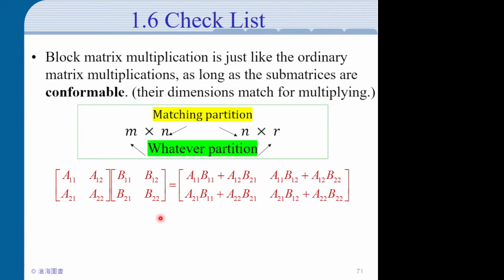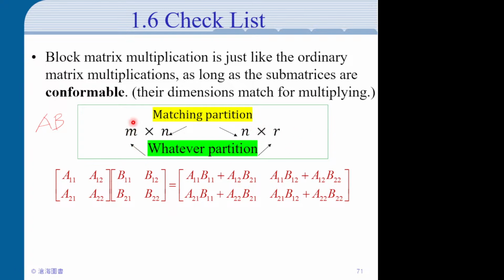So we should go to chapter 2, with only 30 minutes left. Anyway, here is the review. As we said, we are basically just partitioning A and B. We are thinking about A times B, where A has n by n dimension and B has n by r dimension.